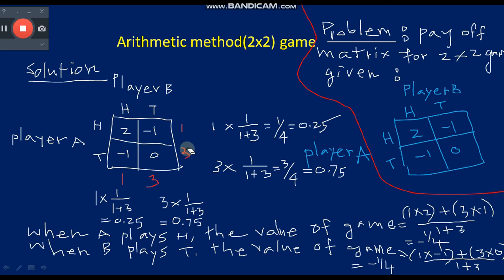The result is minus 1 by 4. So the value of the game when player A chooses the first strategy is minus 1 by 4.